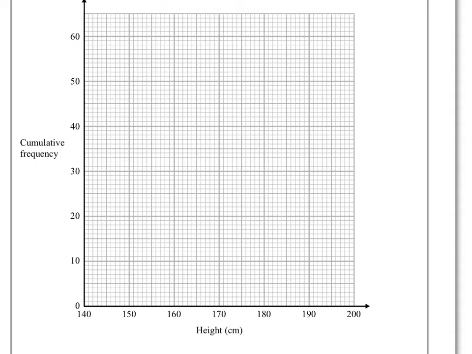So if we start that just arbitrarily from 0, and then we say, okay, 150 is 4, 160 then is 9, 170 then is 25, 180 is 52, 190 is 57, and 200 is there at the top, 60. So what we have then is hopefully a nice smooth graph like that.